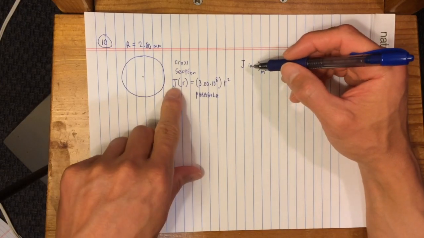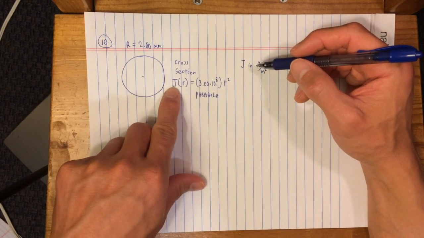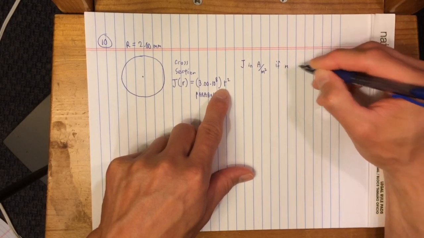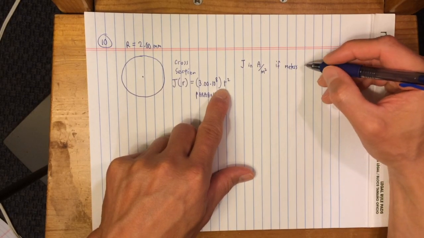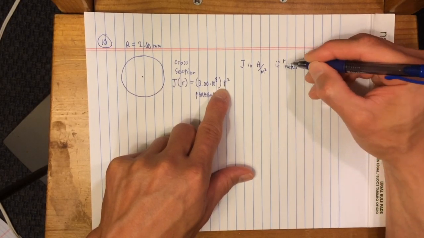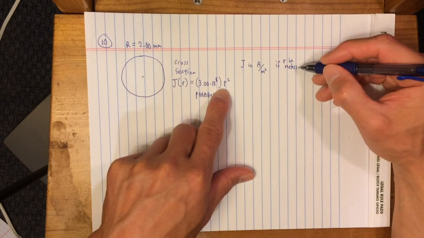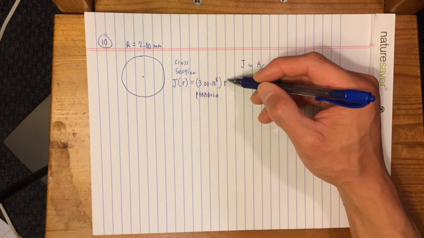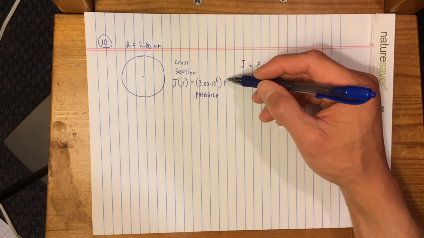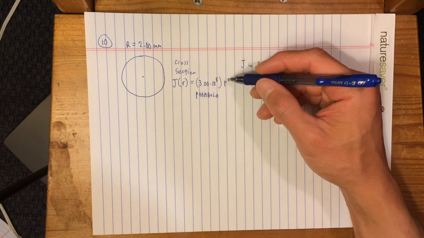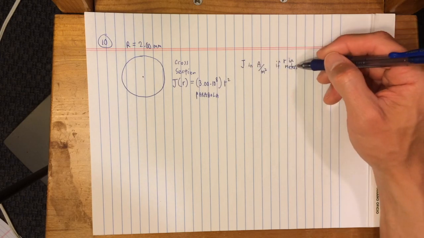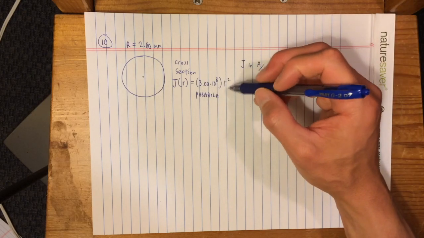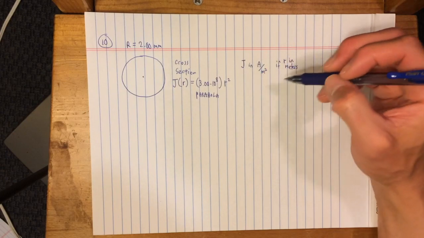That's what you're going to get as the units on J if you put in r in meters, right? So this is in millimeters, so we're going to put in values like 10 to the minus 3 in meters. So 10 to the minus 3 squared is kind of the stuff we're going to see.